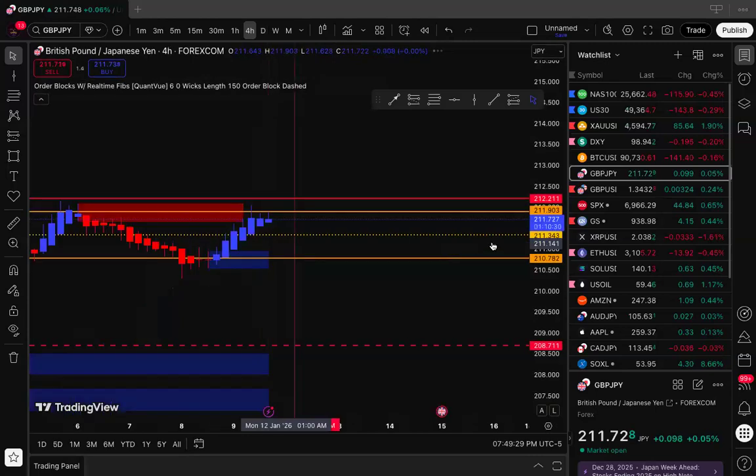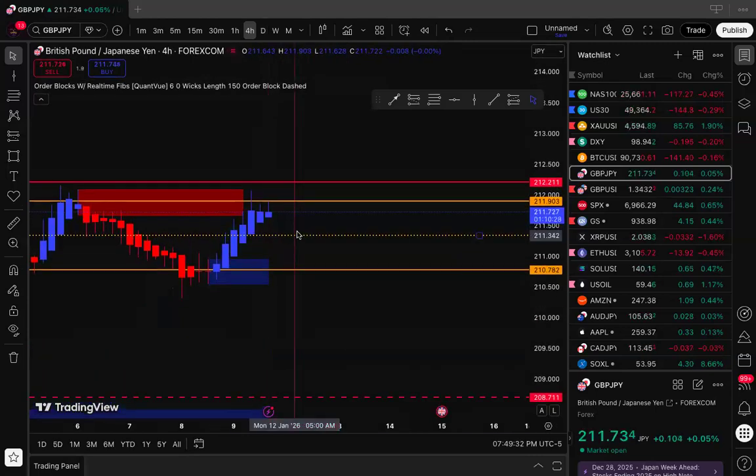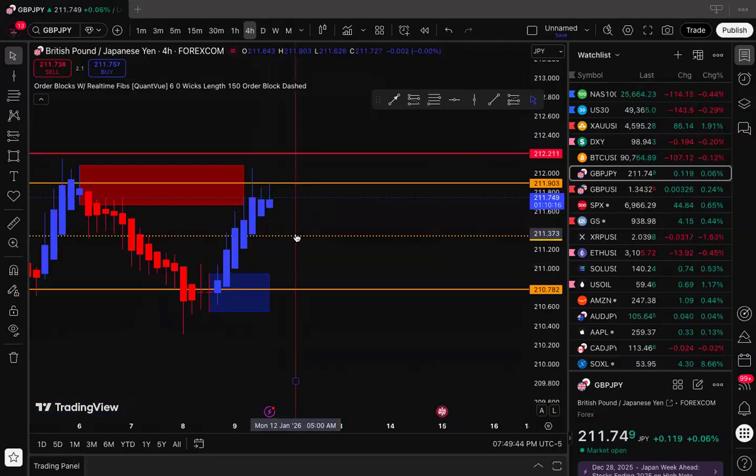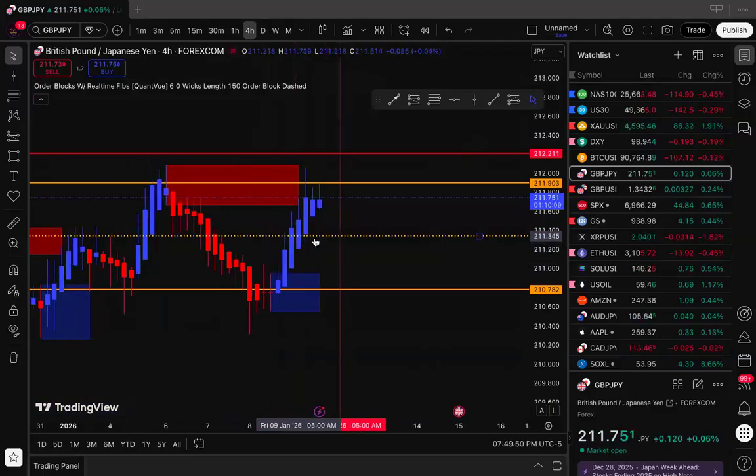So I'll be looking to take a buy right here at the level of support. This is where I will be looking to take my buy at down here, because the reason you see it rejecting is because it's inside this higher time frame order block.